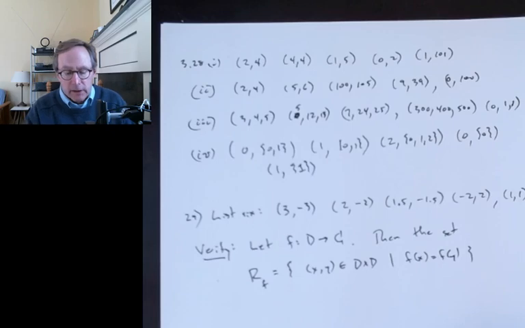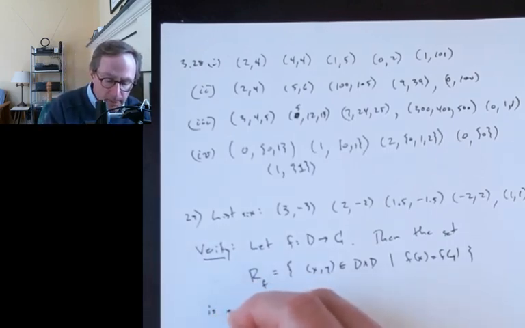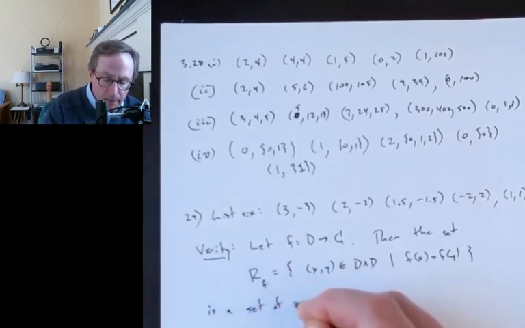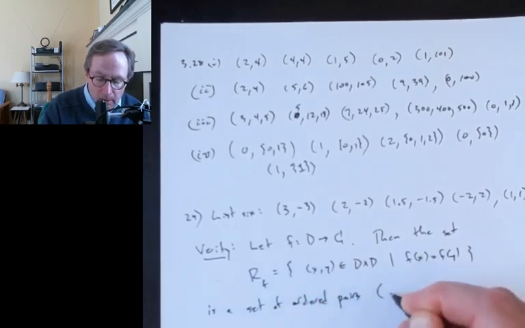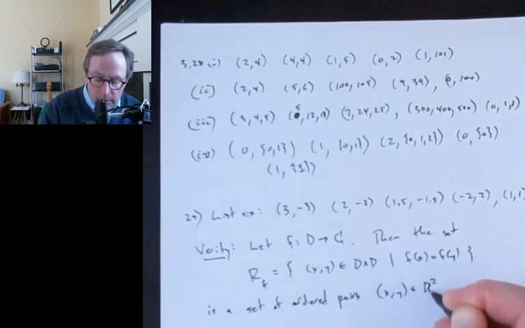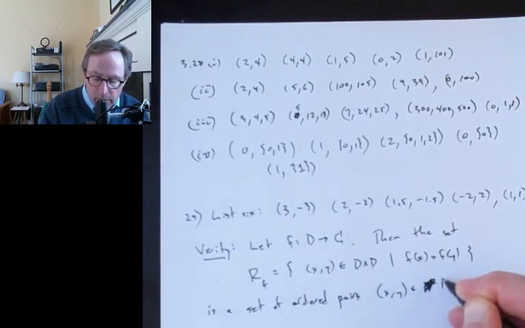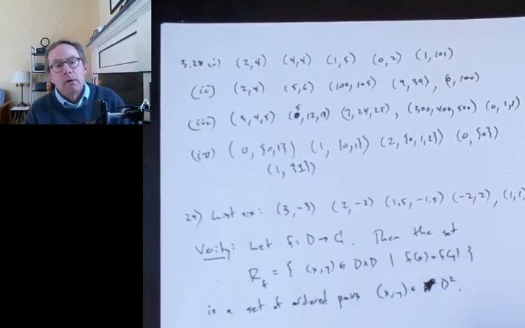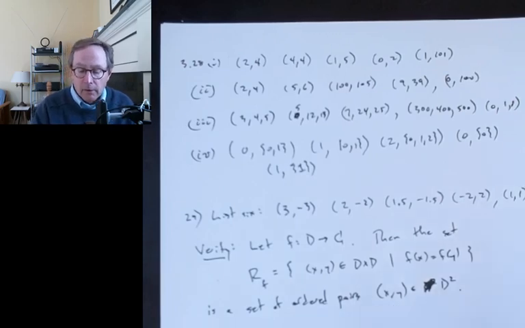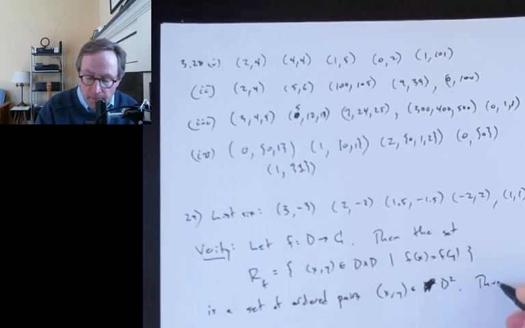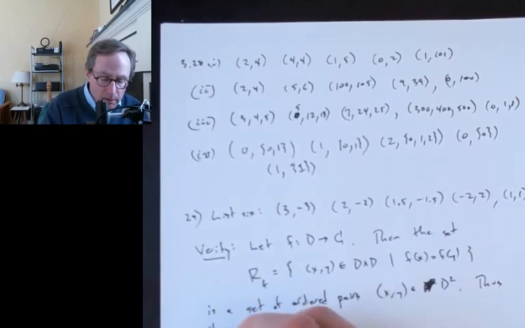Okay, that's clearly a set of ordered pairs, x comma y in d squared. So it's a set of ordered pairs, not sometimes a pair and sometimes a triple, ordered pairs, so that makes it a relation. Binary relation.